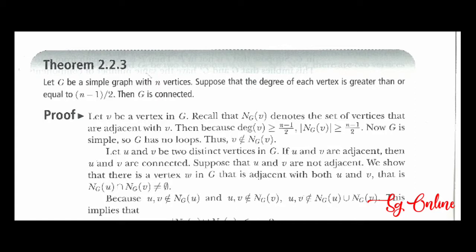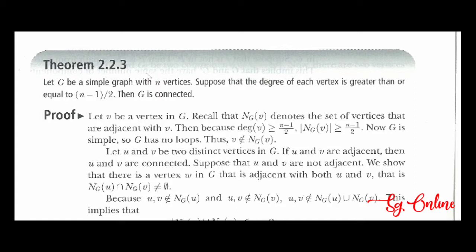Now we start, suppose, with a vertex v, and we consider how many neighbors this vertex v has. According to our condition, each vertex has degree greater than or equal to (n minus 1) by 2, and the graph is simple, so the vertex has at least (n minus 1) by 2 neighbors. So the cardinality of the neighbor set must be greater than or equal to (n minus 1) by 2.